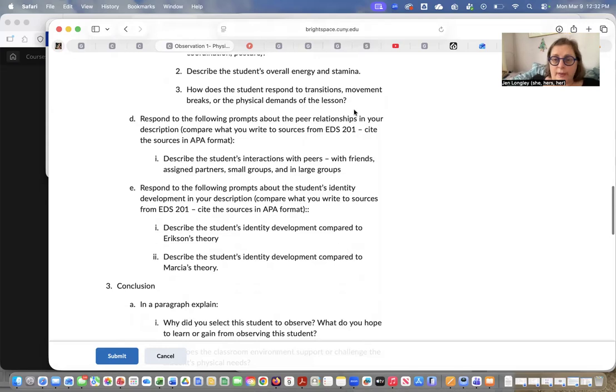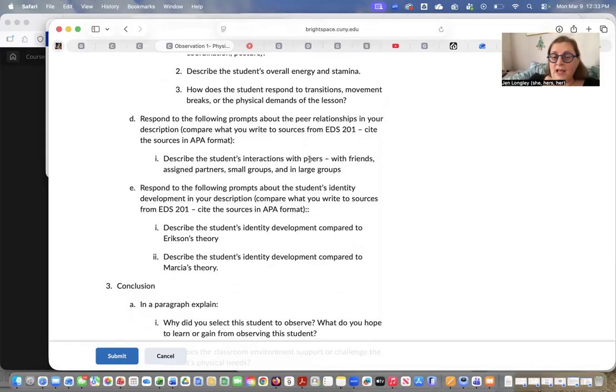And then you're going to talk about peer relationships, again using information that you saw and connecting it to sources from EDS 201. Describe the student's interactions with peers. Now, here's the important part. You want to think about interactions with friends, maybe before class or after class.